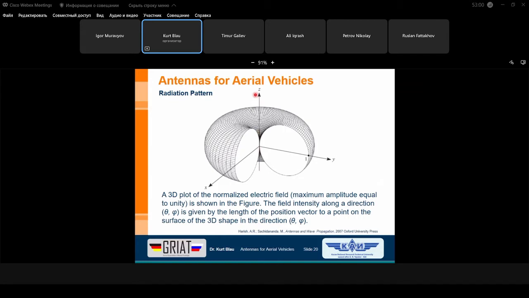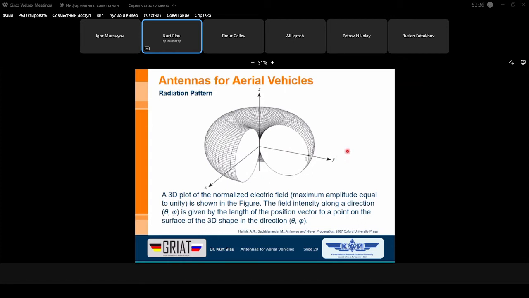This means if we look from this side to the dipole or from this side to the dipole, we cannot find any radiation. And if we go from this angle, let's say theta is 0, to values higher than 0 degrees, then when we come to the xy plane, we have the maximum of radiation. This is the upper hemisphere, and the same is in the lower hemisphere. It's exactly the same behavior.